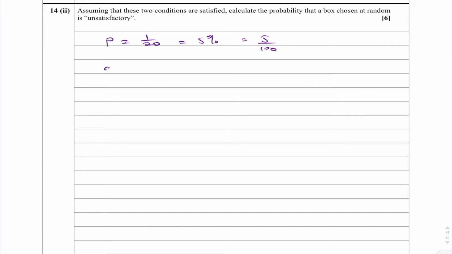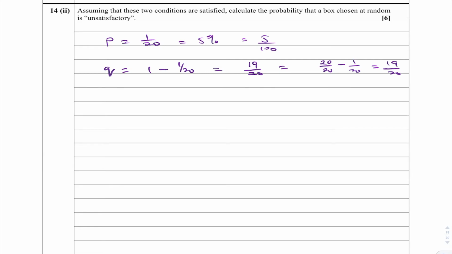Now, Q will be 1 minus 1 over 20, which is 19 over 20. Or you could do 20 over 20 minus 1 over 20, and that gives 19 over 20. That's how I got 19 over 20.